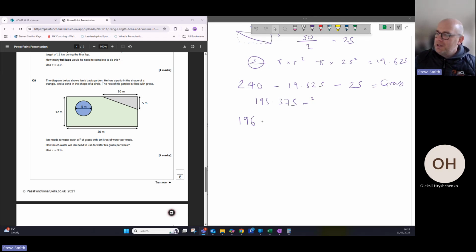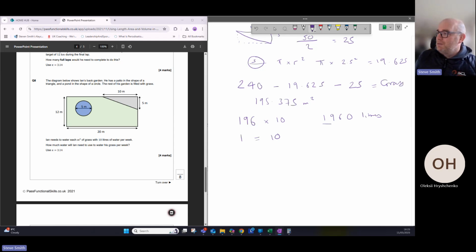So we need to times that by 10, because if it's 1 equals 10 liters, we've got 196. So for every one liter we have, it's 10 times bigger. So it's just times by 10. So we need 1,960 liters of water in 1 week, and that's quite a lot, I think.